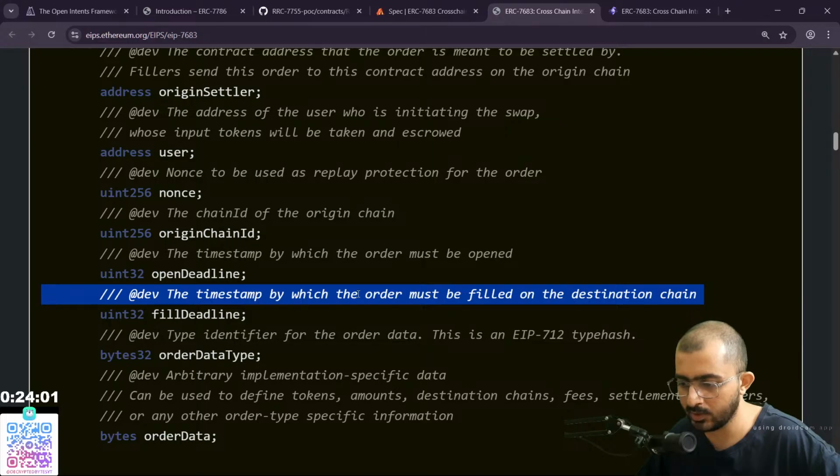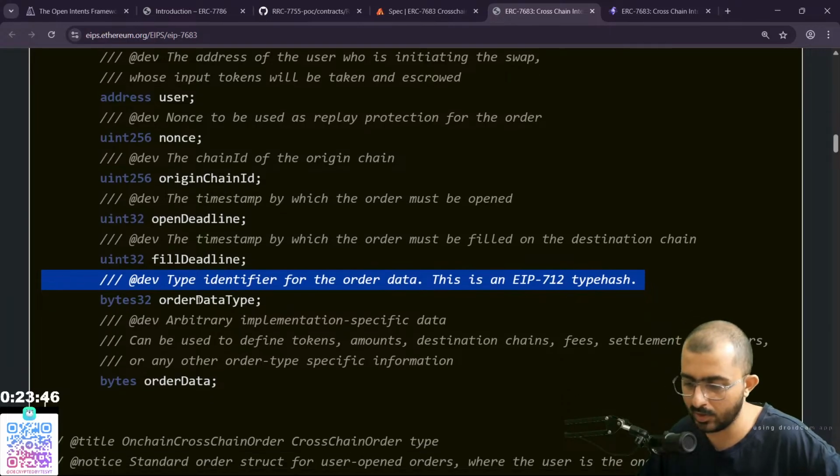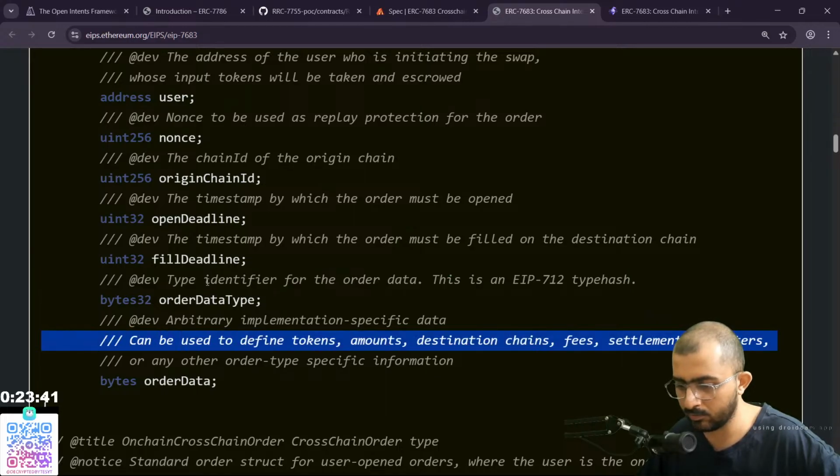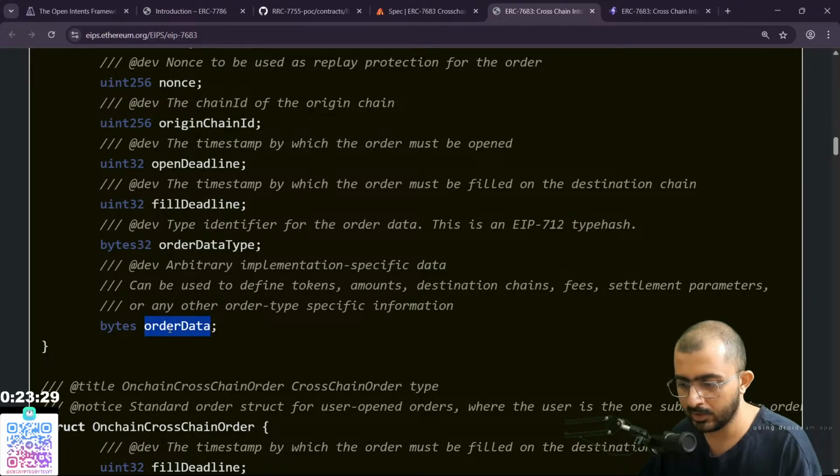The timestamp by which the order must be fulfilled on the destination chain. Type identifier for the order data. This is the ERC-7783 type hash. Okay, and I understand that. If you don't, please go and look at EIP-712. You'll understand. It's not that difficult. And this is just everything else.